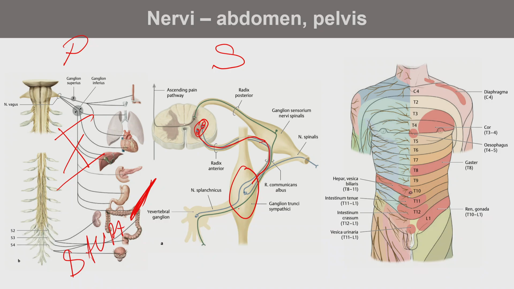Through it, one could be relayed, another not relayed, and another could be relayed in a second ganglion, the prevertebral ganglion. So paravertebral ganglia are sympathetic, and prevertebral are also sympathetic, but they are in the midline.